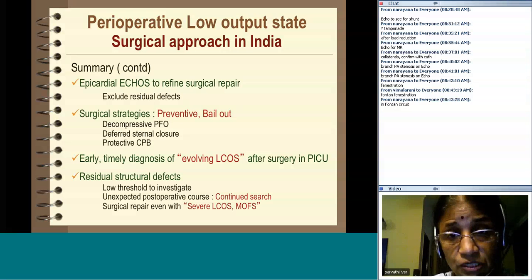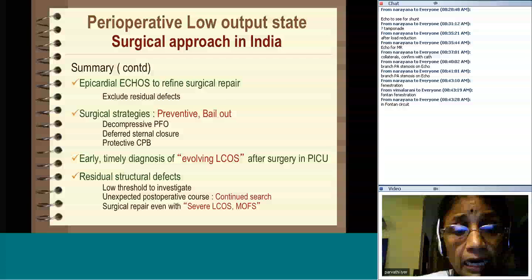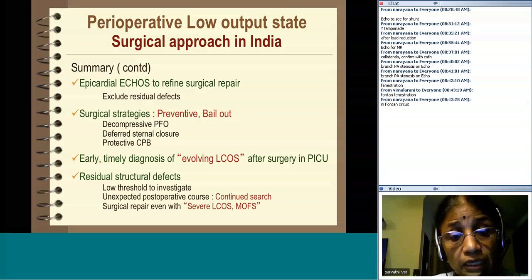I again reiterate that paper from Boston Children's, which is very big on mechanical support, and how they showed that the majority of their cases had some residual issue which was addressed in the catheter lab or in the operating room or both.